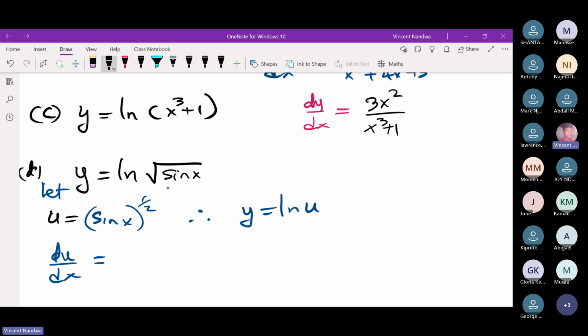So you fix this one to, say, u, you can use a different notation. Let sine x be v. Then u will be the same as v power a half. Then repeat the same process of chain rule. So the power will be applied, so I'll drop the half.